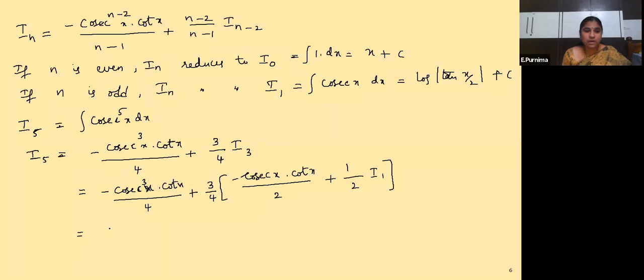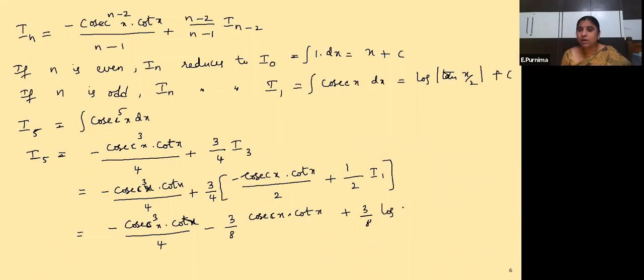Okay. Now, which is nothing but minus cosecant cube x into cot x by 4 plus, into minus is minus 3 by 8 into cosecant x into cot x plus 3 by 8 into, in place of I1 I am taking log tan x by 2, plus c.